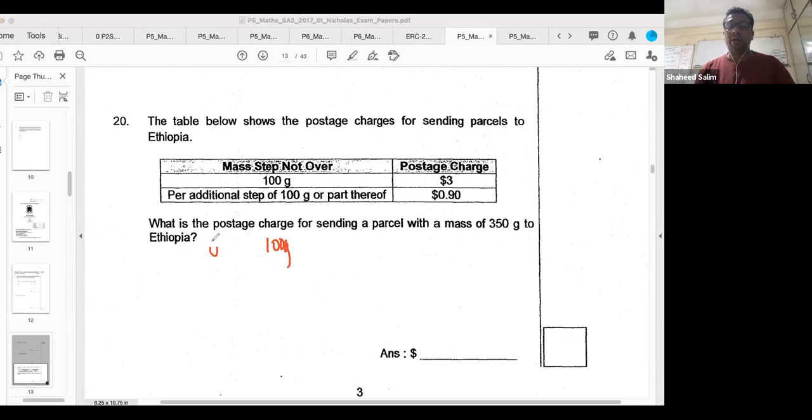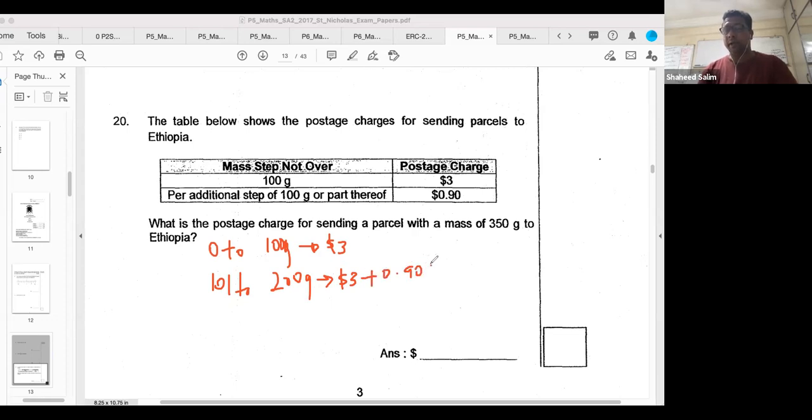This is 0 to 100, $3. Then you go by 101 to 200. What must you do? You must add. That means it's $3 plus 90 cents, because as you say, stacking.